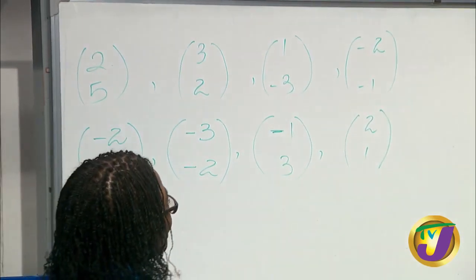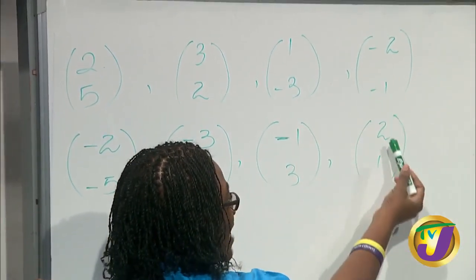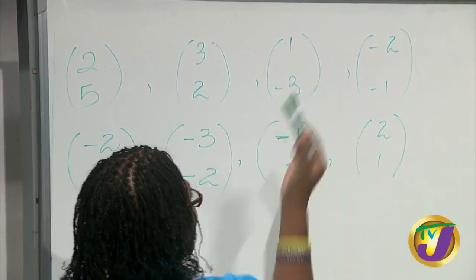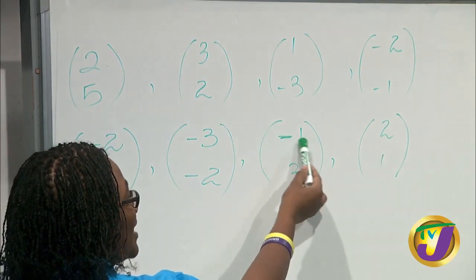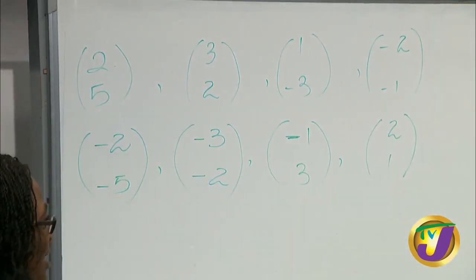And I'm noticing that where I had negative 2, negative 1, I now have 2, 1. And where I had 1, negative 3, I have negative 1, positive 3.